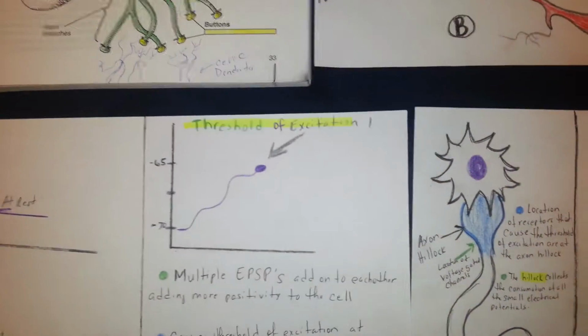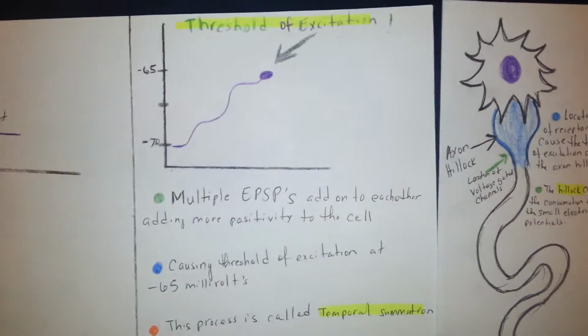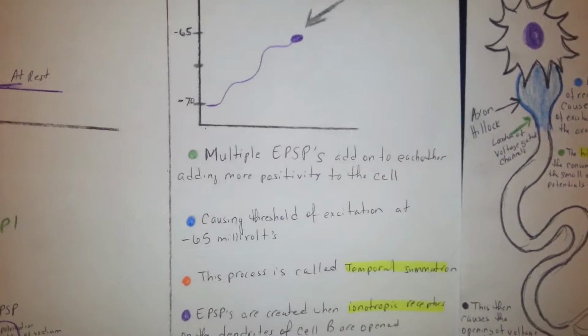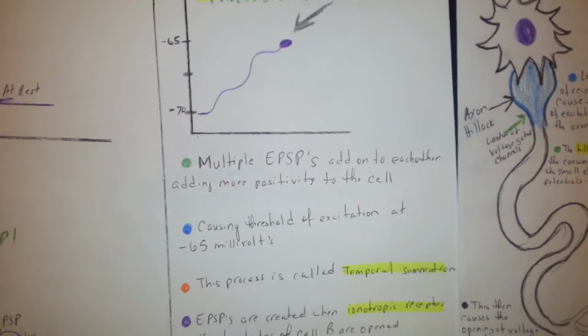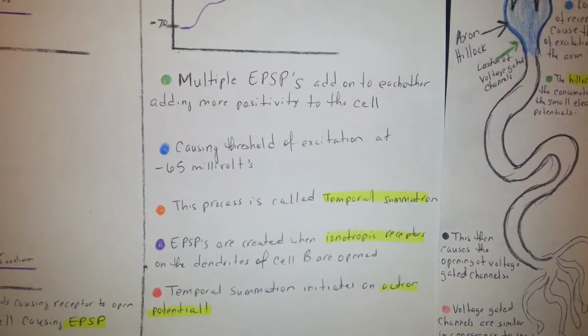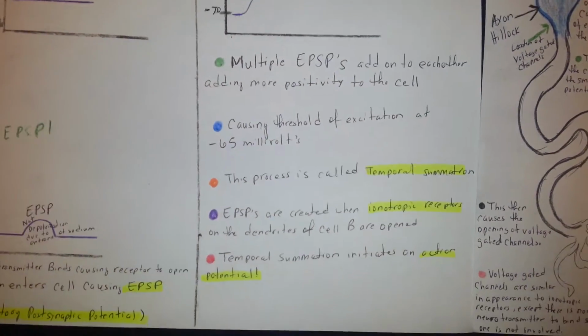EPSP leads to action potential, the threshold of excitation, in which multiple EPSPs add onto each other, causing the threshold of excitation at negative 65 millivolts. The process is called temporal summation, and temporal summation initiates the next step, which is known as the action potential.